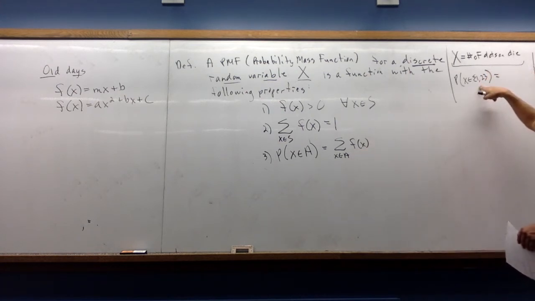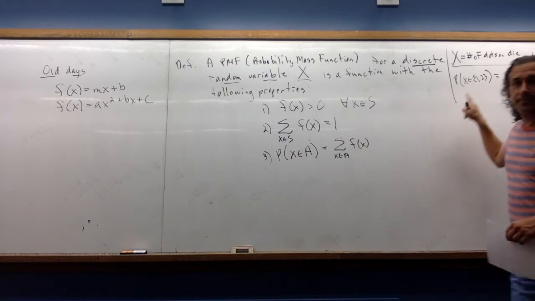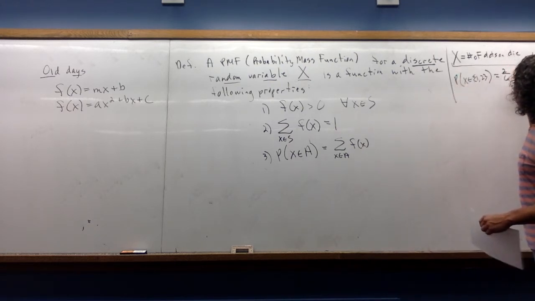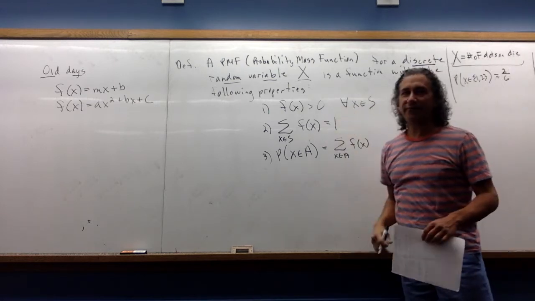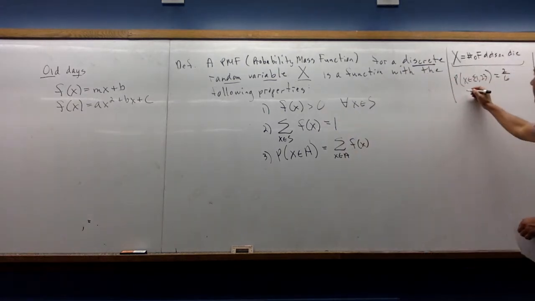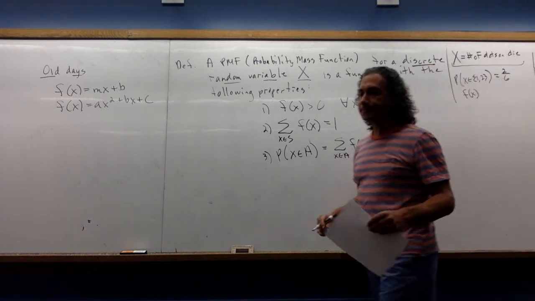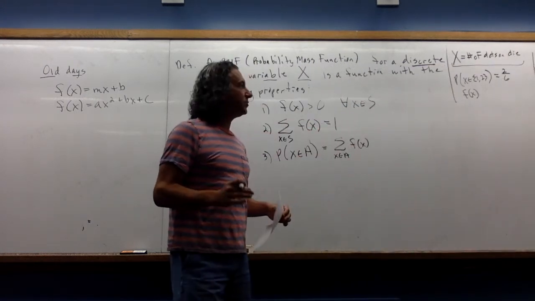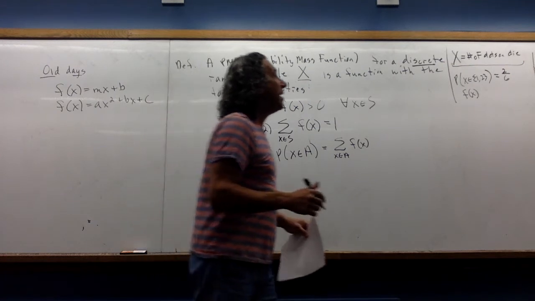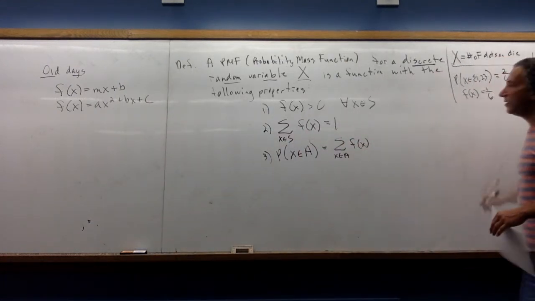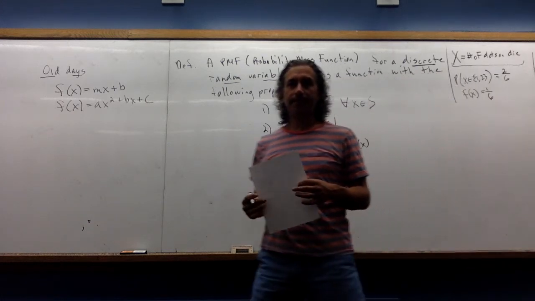Well, I haven't described what the f of x is, but what is this probability? This will just be 2/6. And it turns out, in this situation, and I'm going to write it out explicitly in just a minute, the PMF that describes this situation happens to be 1/6.